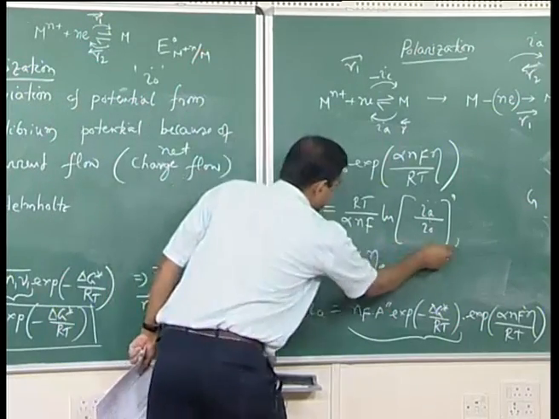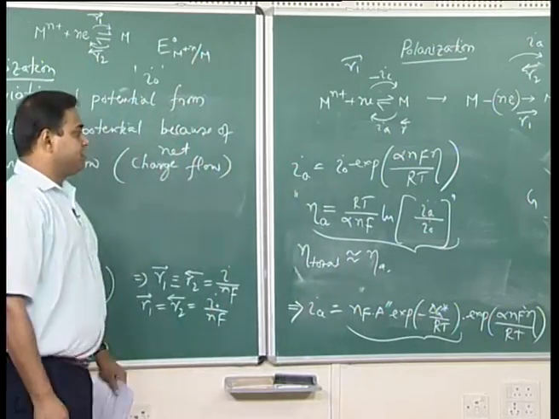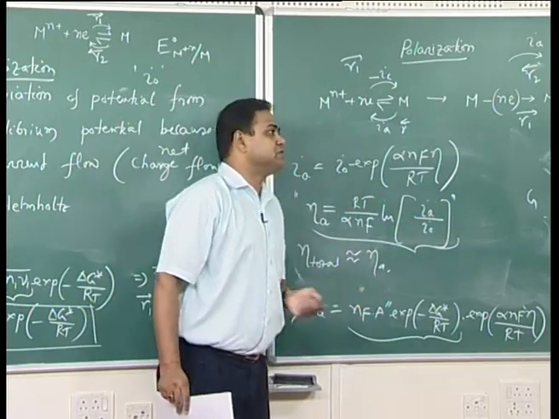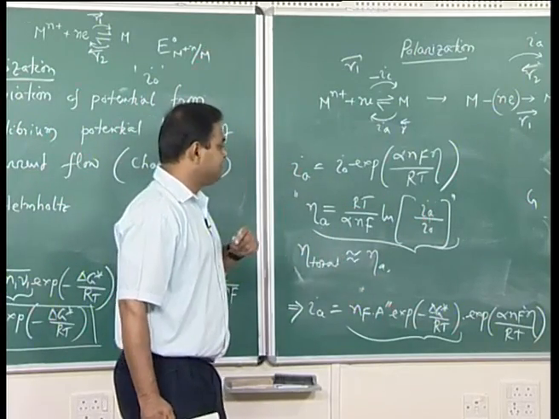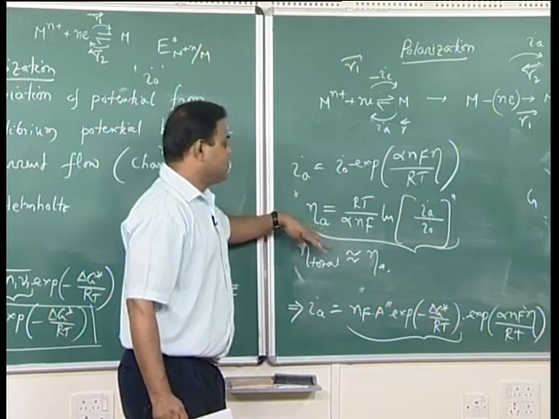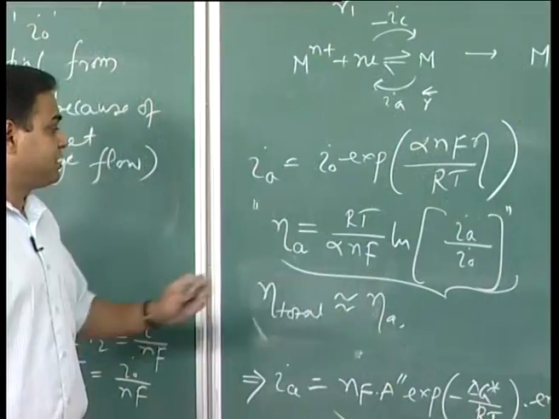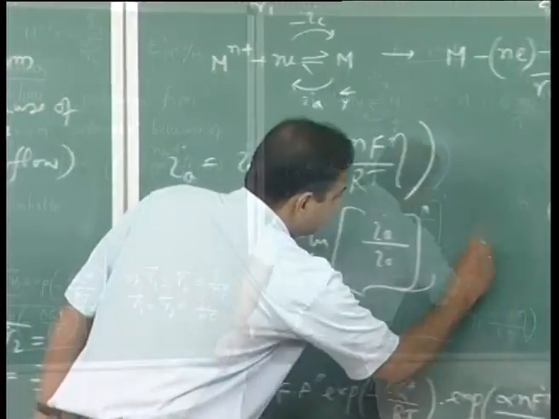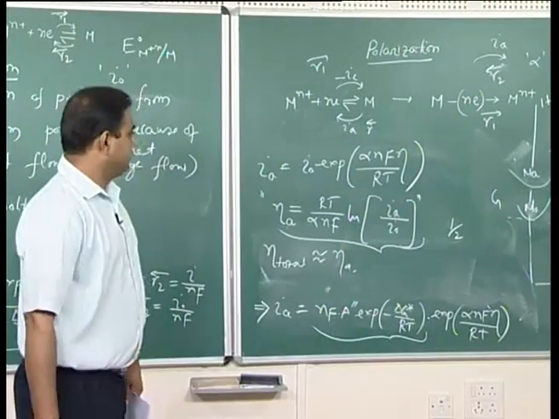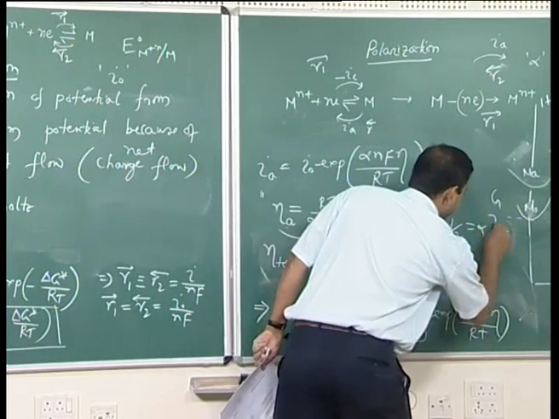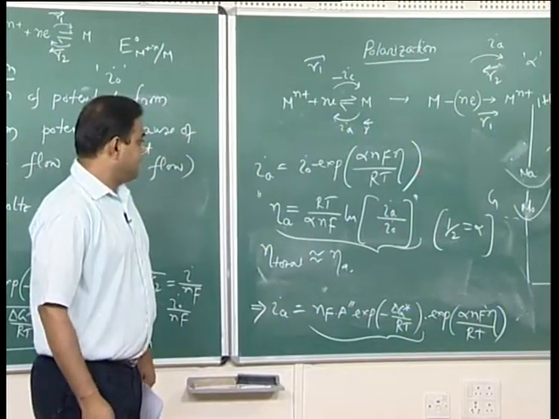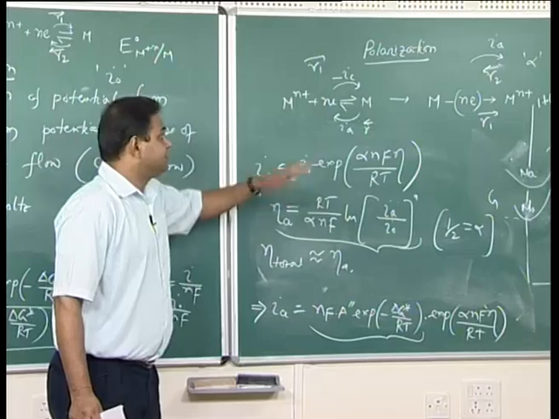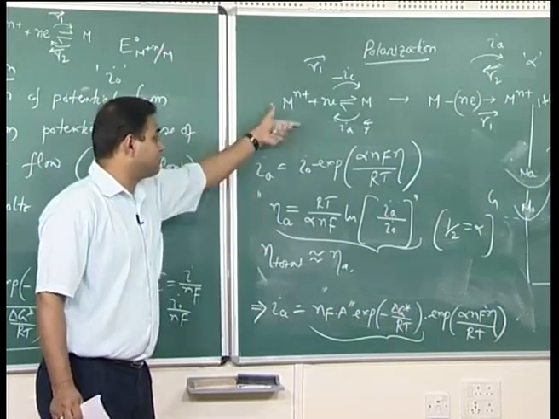So, I am straightaway putting anodic polarization, and this relation is the relation between the anodic current density, or the rate at which the anodic process is taking place, and the overvoltage or the anodic polarization through this equation. And generally this symmetry factor is considered to be half, so 0.5, and we know R, we know T. If we know the temperature at which this process is taking place, we know n F are constant for this process.